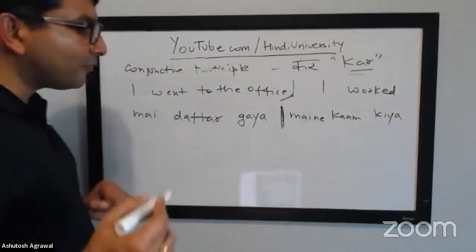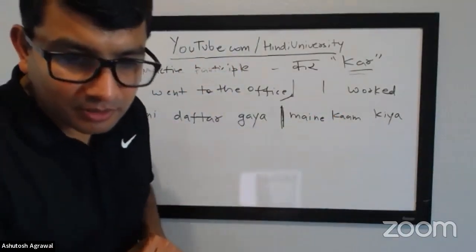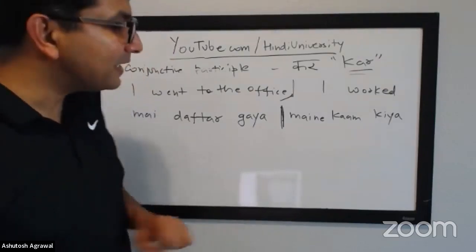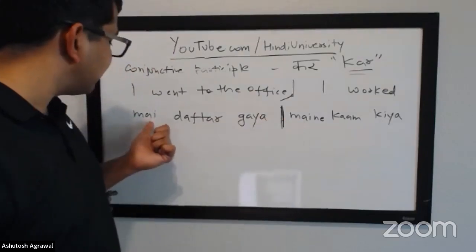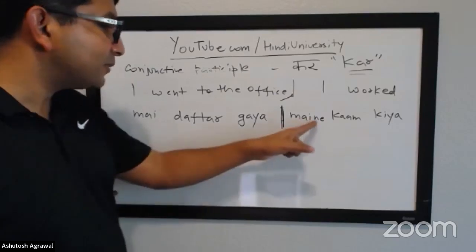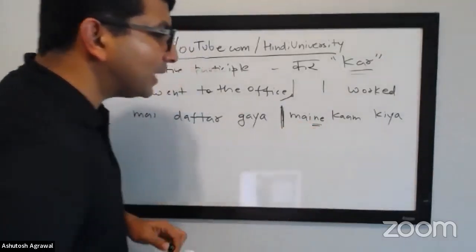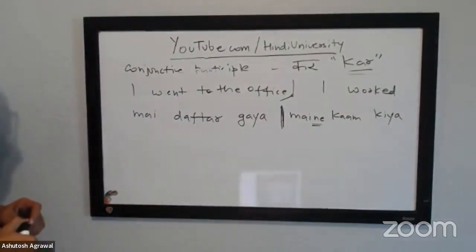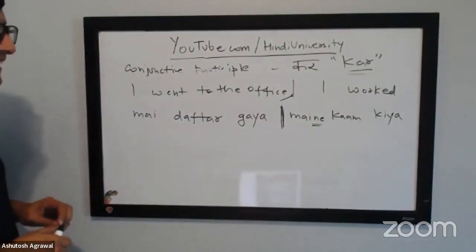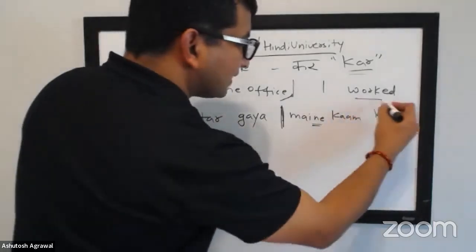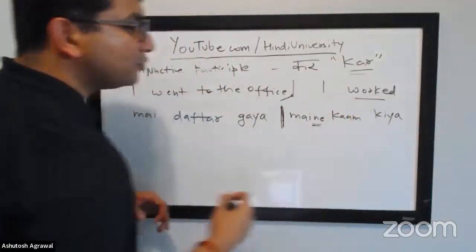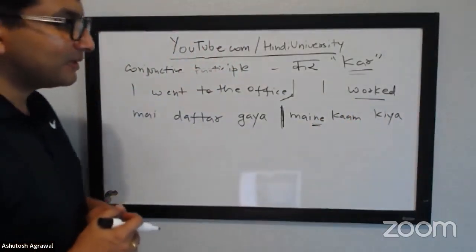Some of you who are new might ask, when you said this sentence, you said मैं दफ्तर गया, but when you said this one, you're putting मैंने काम किया. Why is that? Transitive and intransitive. This verb is transitive: I did what? I worked.